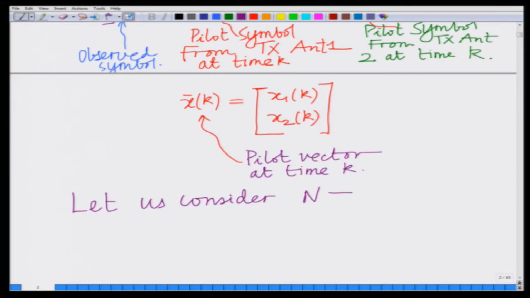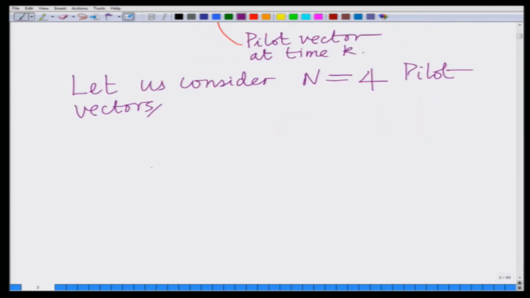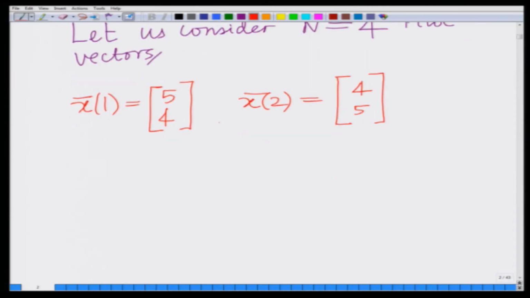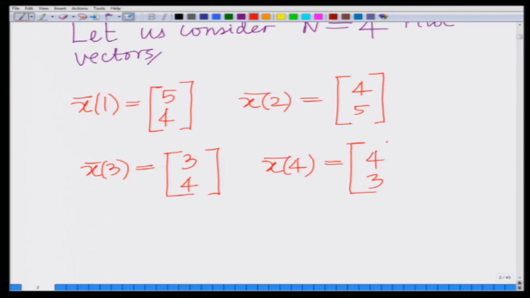Now let us consider in this example n equal to 4 pilot vectors, and these pilot vectors for instance can be given as x bar 1 equals 5, 4, x bar 2 equals 4, 5, x bar 3, that is the pilot vector transmitted at transmit time 3, is 3, 4, and x bar 4 equals, let us say, 4, 3.